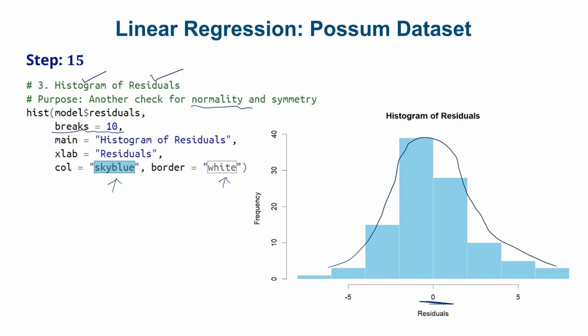There is a single peak near 0 and no obvious skew or secondary modes. This visual check supports what we saw in the QQ plot, that our residuals are approximately normally distributed. So far, the model for predicting possum head length using total length is looking solid. It's linear, homoscedastic, and has well-behaved residuals.